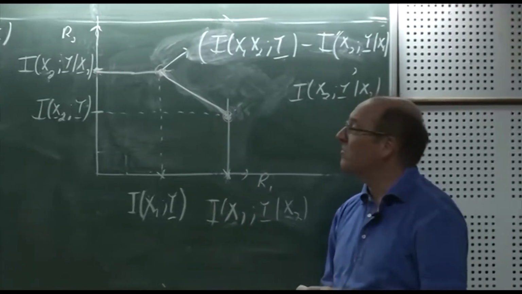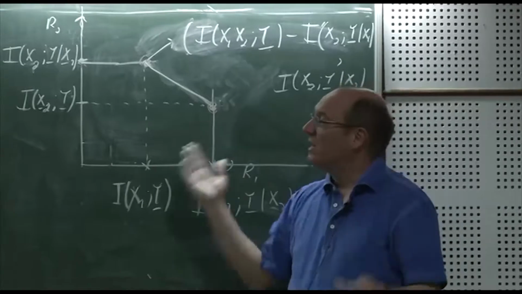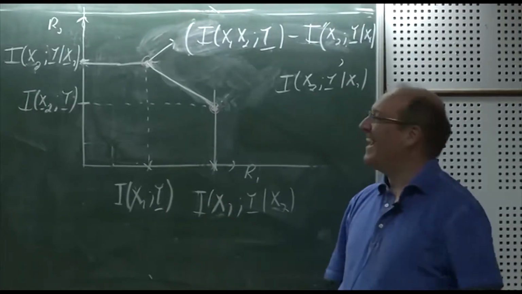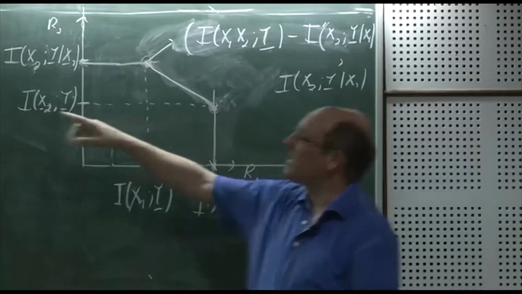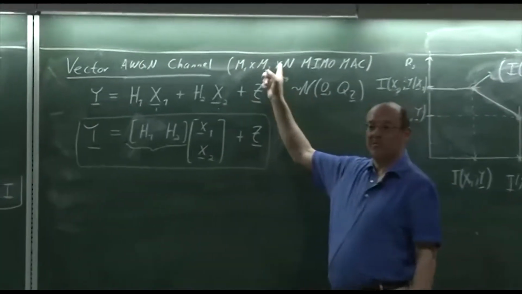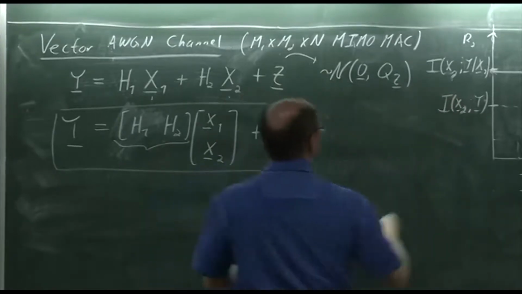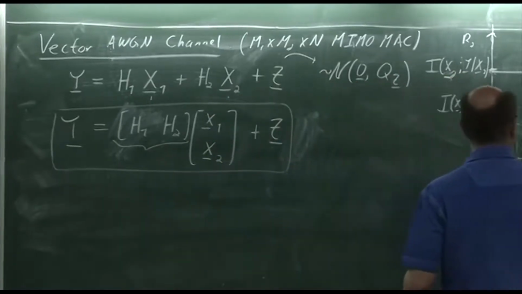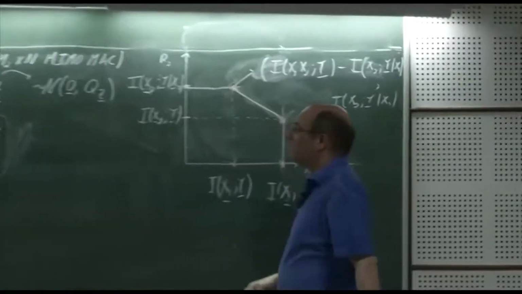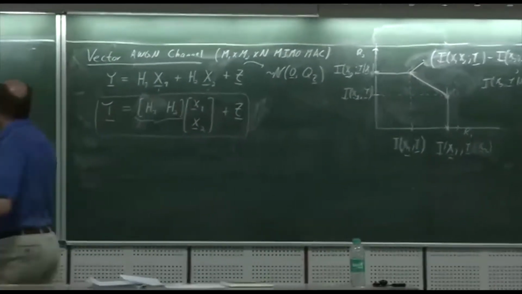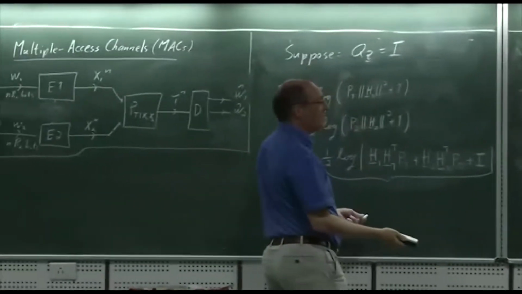However, now comes the interesting part. Okay, so now I have to take one step back and go back to the general case, m1 times m2 times n, where things get a little bit more complicated because now we really have vectors everywhere, right? And the problem is we now also have covariance matrices to optimize over, right?